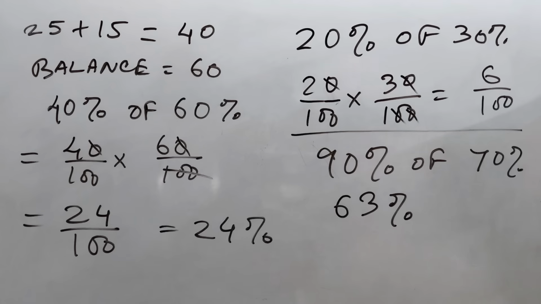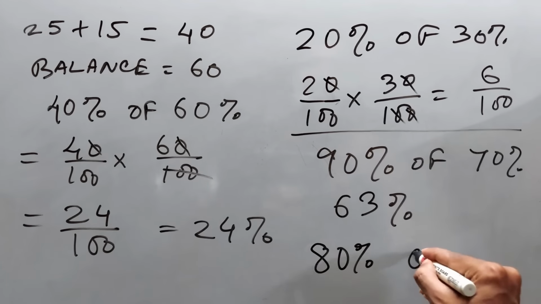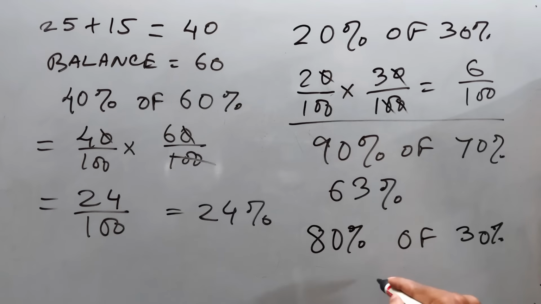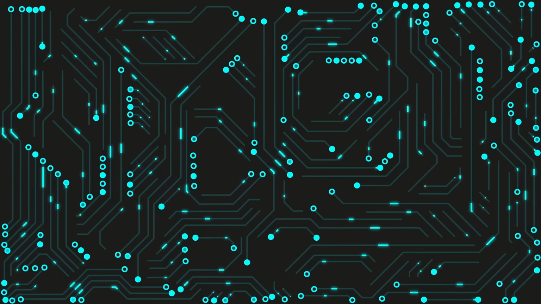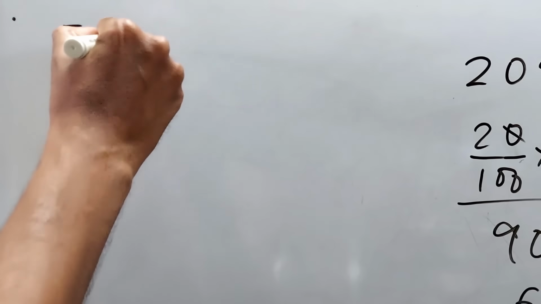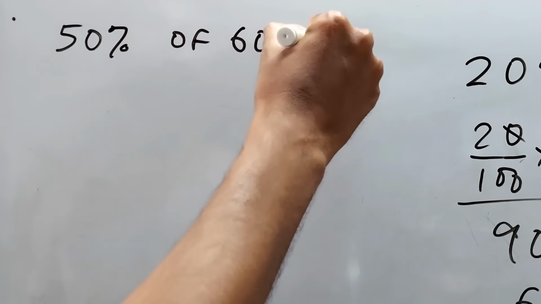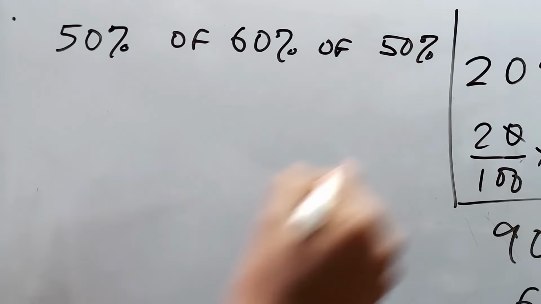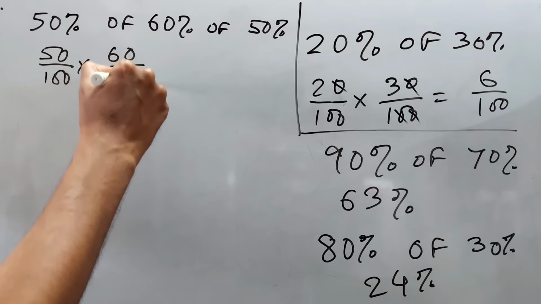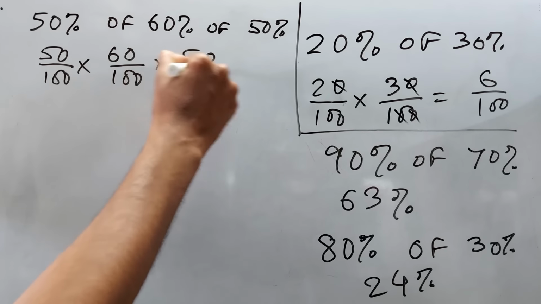We know this, right? So now you tell me 80% of 30%? 3 8s are 24, right? Simple? Same way, if you have to find 50% of 60% of, again 50%, 50 by 100, 60 by 100 and 50 by 100.